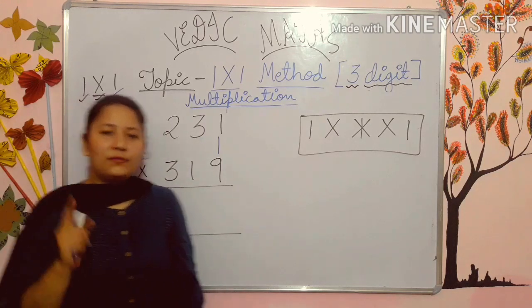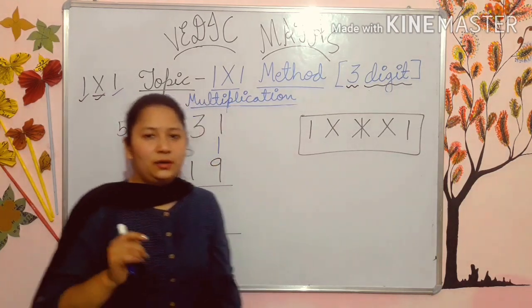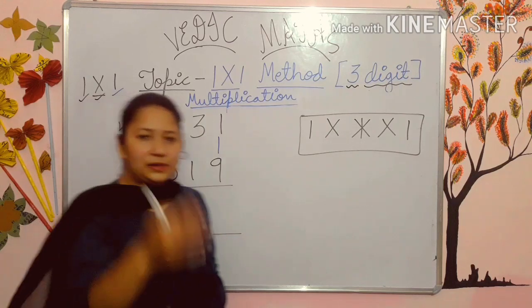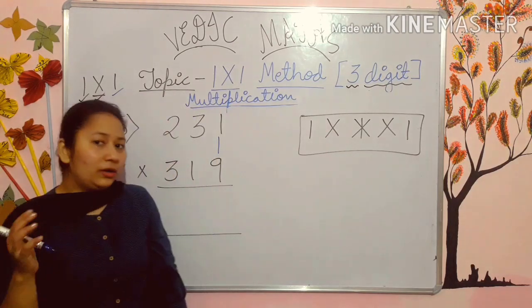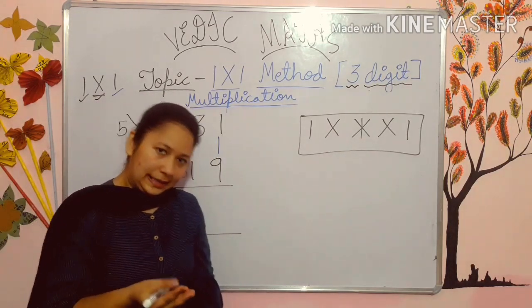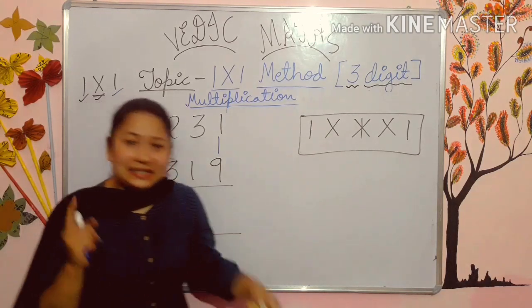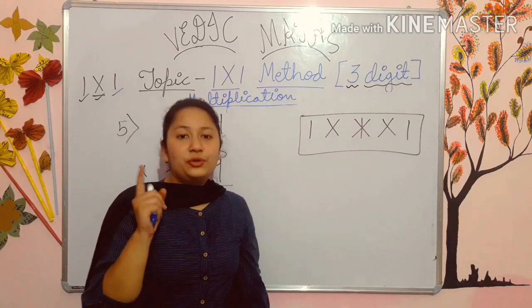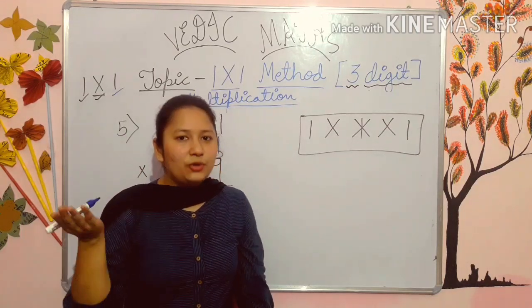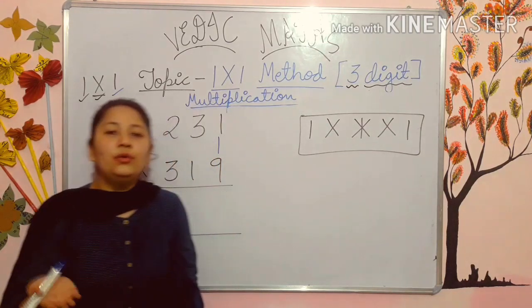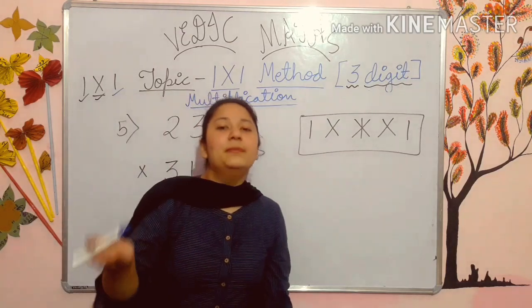Like if you have to multiply 9 with 4, 9 4s are, directly you will say 36. We will not count 9 1s are 9, 9 2s are 18, 9 3s are 27. No. This will take time. You should know the dodging. Dodging means that you know how to multiply the number directly.